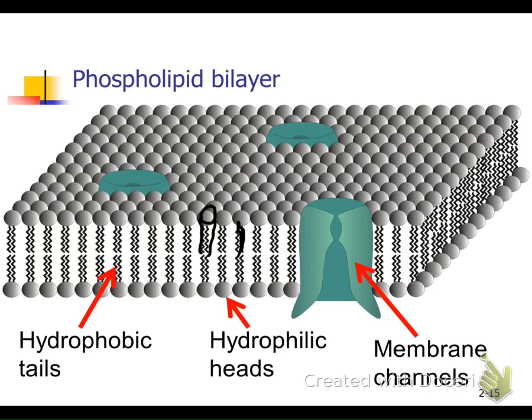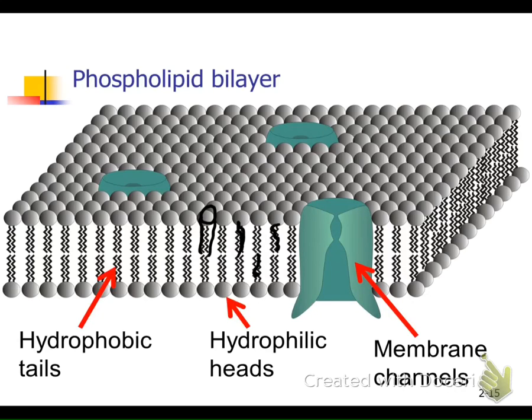Water. Remember, water's polar. And so these non-polar fatty acid chains that are part of the phospholipids are not going to easily interact with water, but they will interact with themselves. And so what happens is that these phospholipids line themselves up such that their lipid portions are facing toward the inside of the membrane. They're facing each other.